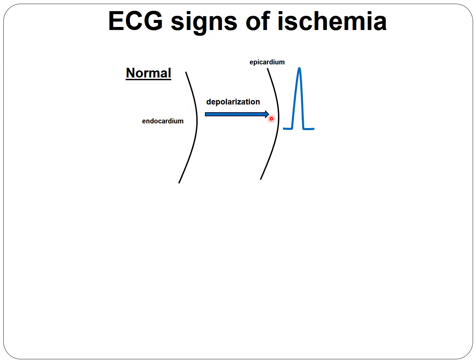Normally, the depolarization goes from the endocardium to the epicardium. This is why an electrode, which is watching the surface of this depolarization, is going to give us a positive R wave. The repolarization normally starts in the epicardium and goes to the endocardium.